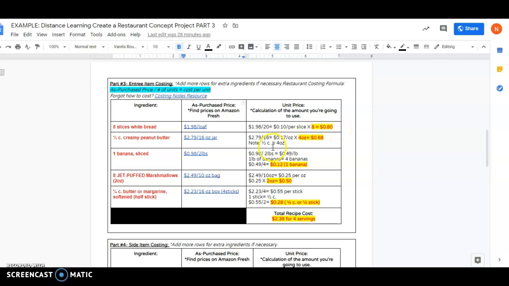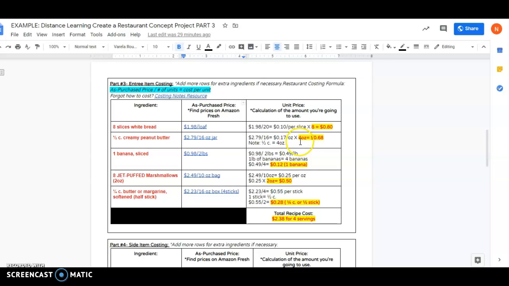All right. And I continue doing that. So for the peanut butter, it's $2.79 for a 16-ounce jar that I found on Amazon. I divided the as purchased price of $2.79 by 16 because there's 16 ounces in a jar. So it's 17 cents per ounce. A half cup is about 4 ounces, which I knew because of my equivalents.